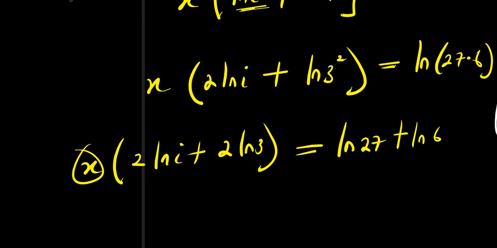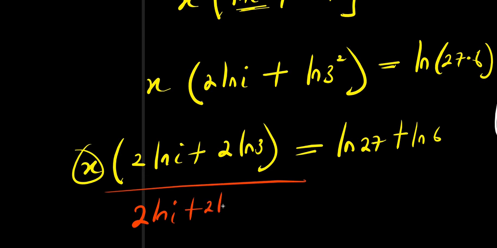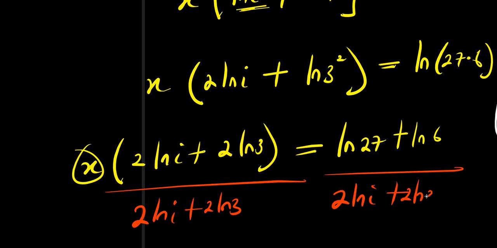We divide by 2 times natural log i plus 2 times natural log 3 so that we isolate x. Have you seen that? So this eliminates this.